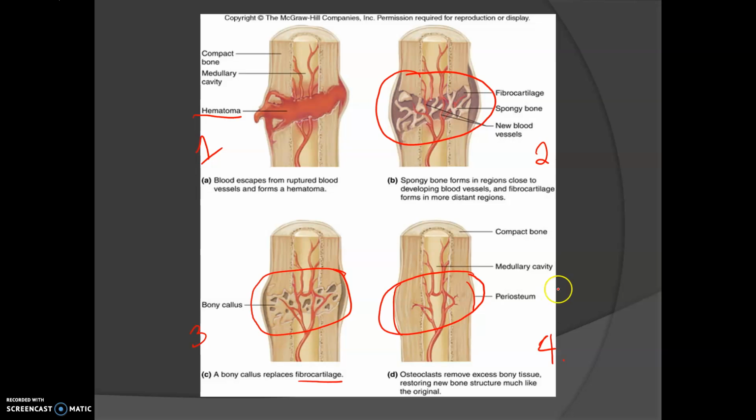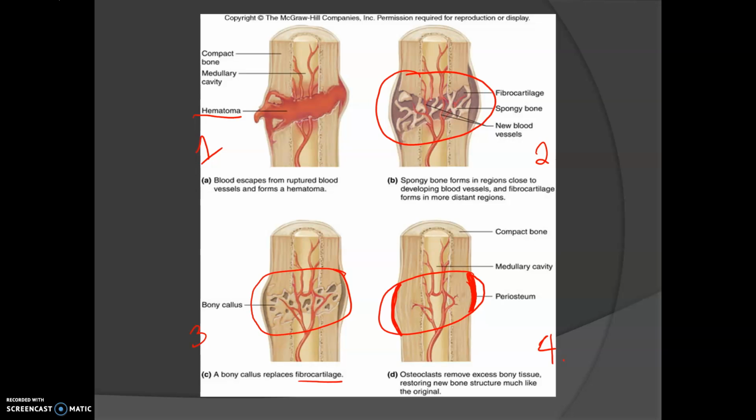And it actually takes over a year for your bone to return back to its original shape. So we'll see that we have these indents over here. So it takes over a year for our bone to go back to that smooth structure. That's where our osteoclasts have to come in and start reshaping the bone so it fits back.